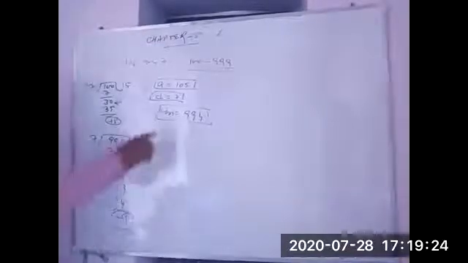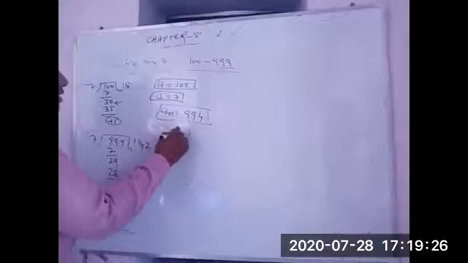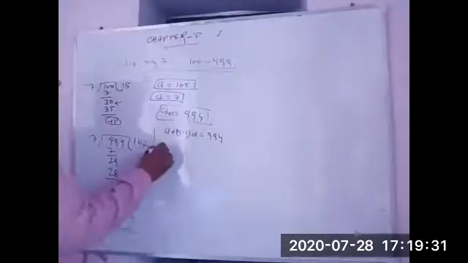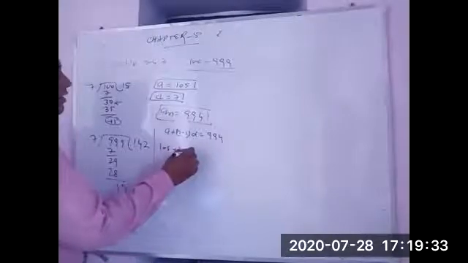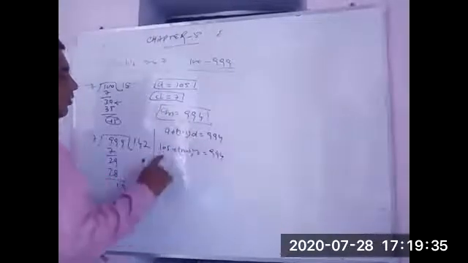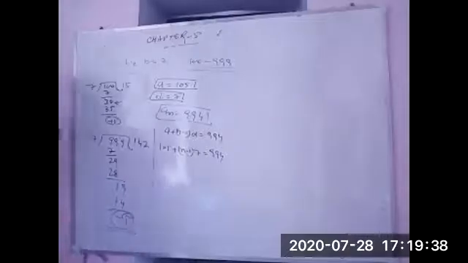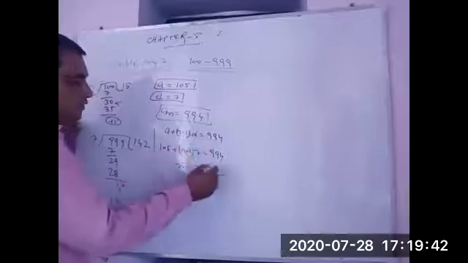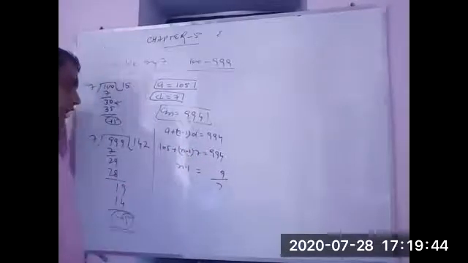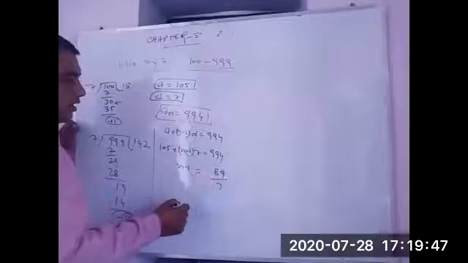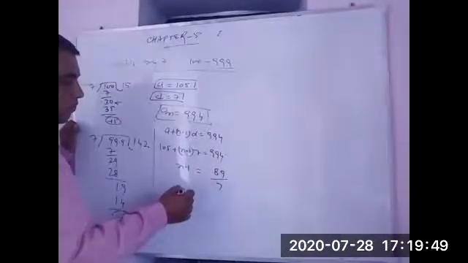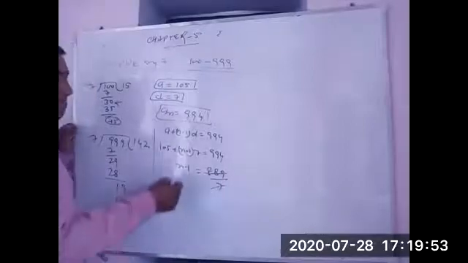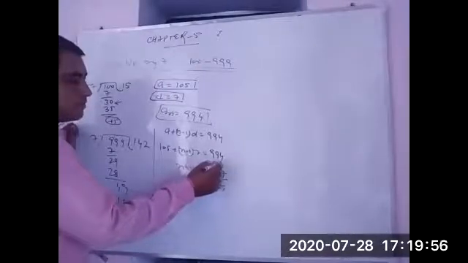Put the formula here. AN equals A plus n minus 1 D equal to 994. A is 105 here, and D is 7. 994 minus 105 is 889, and dividing by 7 gives 127.